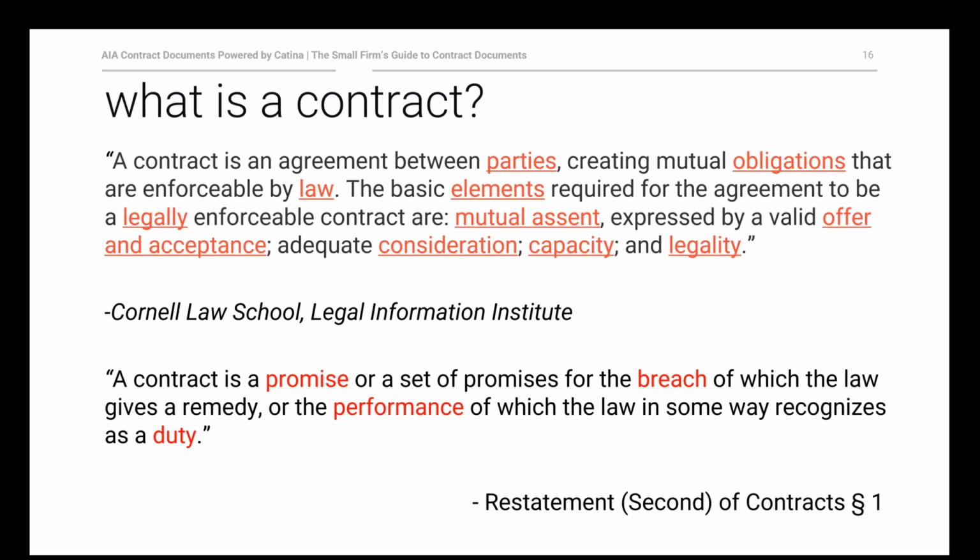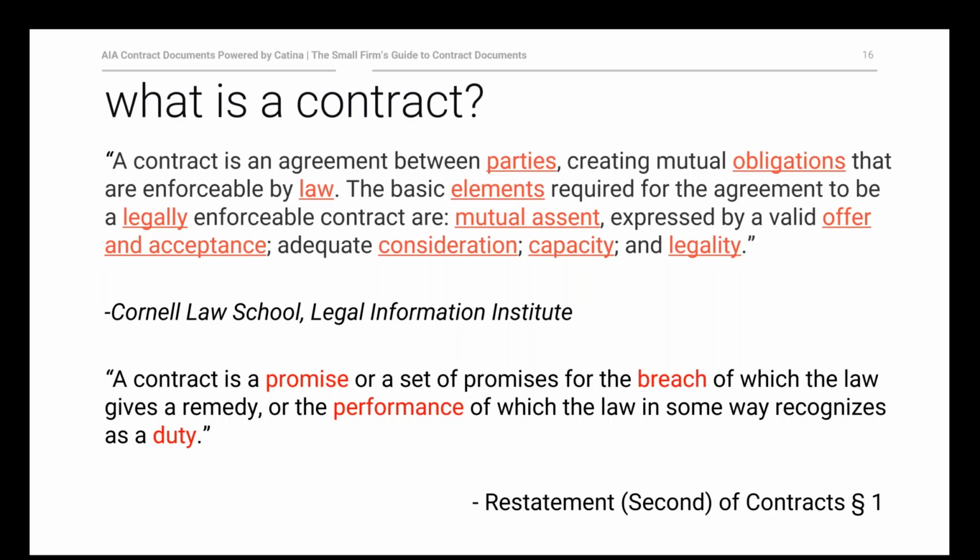The first one is that a contract is an agreement between parties creating mutual obligations that are enforceable by the law. The basic elements for an agreement, a contract, to be legally enforceable are mutual assent, which equates to a valid offer and acceptance of that offer between the parties, adequate consideration, the capacity to contract, and that the purpose of the contract is legal.